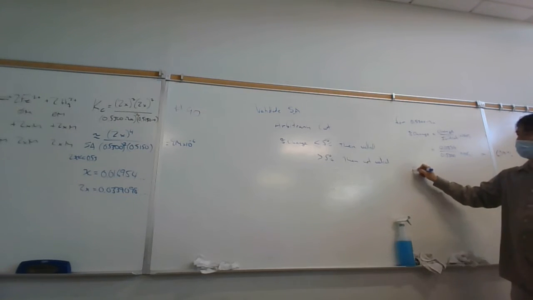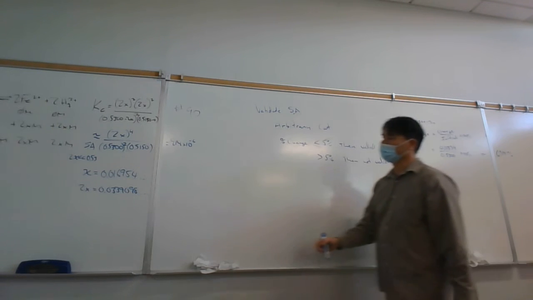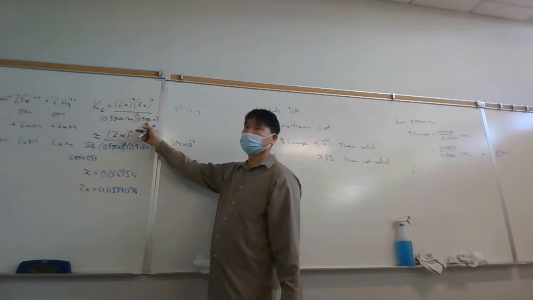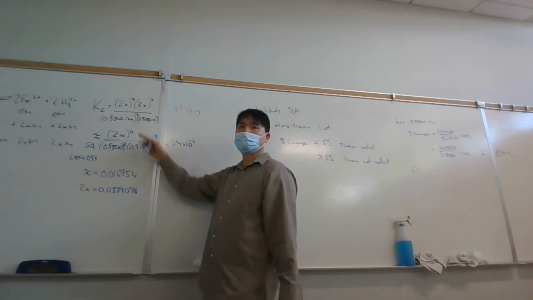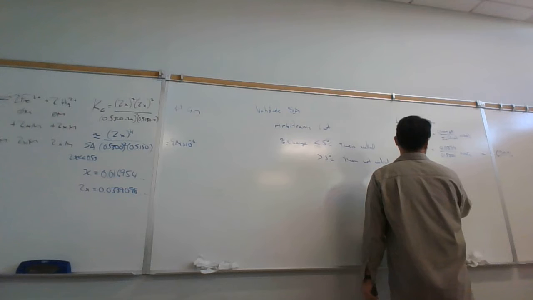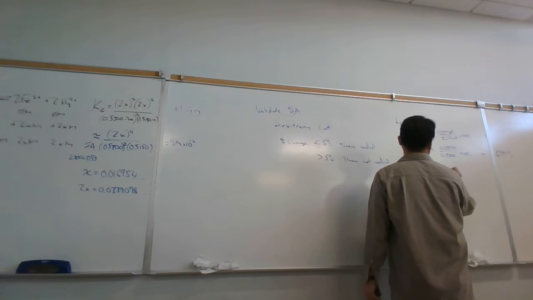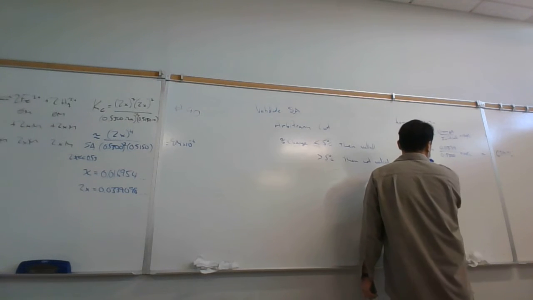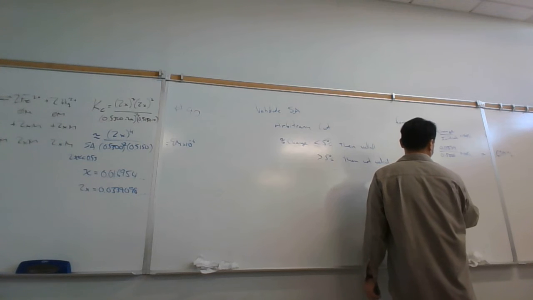Okay, let's take a look at the other one. The percent change is going to be smaller because it's just x over 0.5150. We could go ahead and calculate it. We want the bigger one. So 0.5150 minus x. What does it come out to?